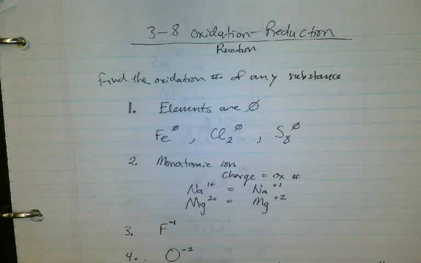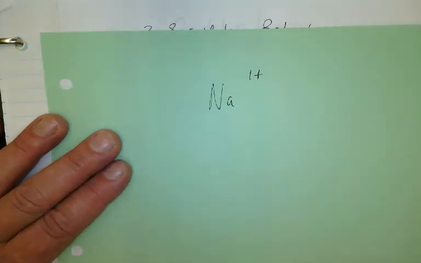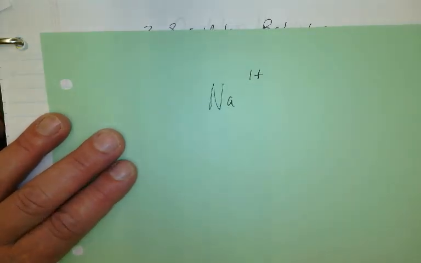All throughout your life, I've been cranky about where you put your pluses and minus signs on your papers. And here's what I mean by that. If you had an ion, like sodium, you would always write 1 plus, right?